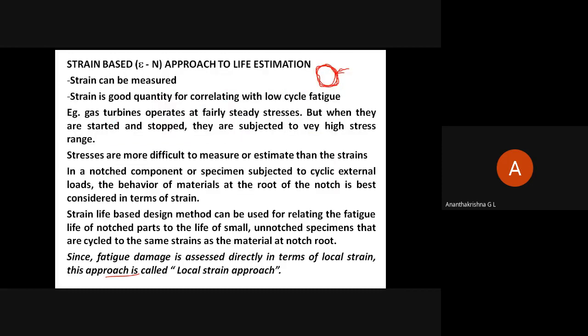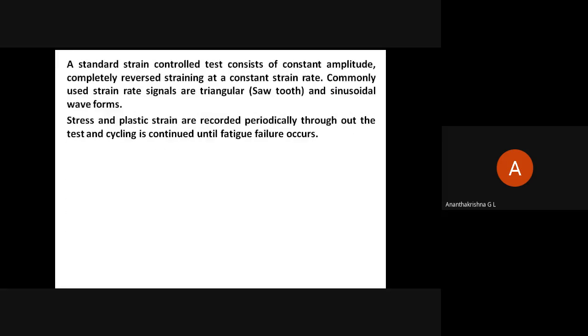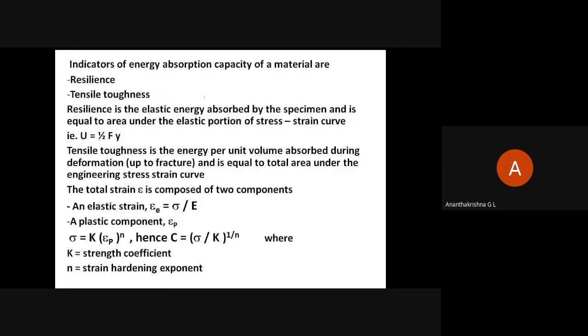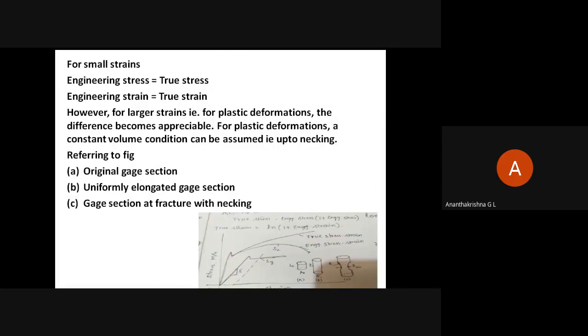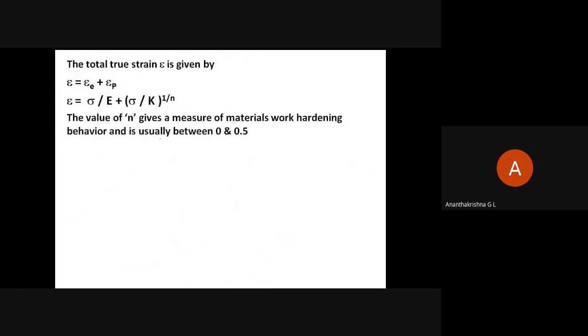So for the strain based approach to life estimation, strain can be measured. If you want to go further, you can talk about the true stress and true strain, then engineering strain and true strain, then come to the total true strain. You can equate it as equal to elastic strain plus plastic strain.